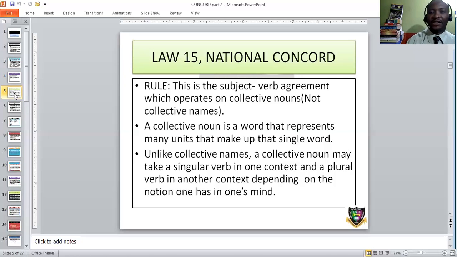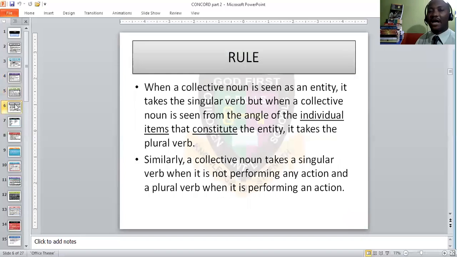Remember, it's a subject-verb agreement that is not like the collectives. When we say the group, the bevy, band, tribe, armada, others are collective, they take singulars. But this one can take singular or plural depending on what you have in mind.